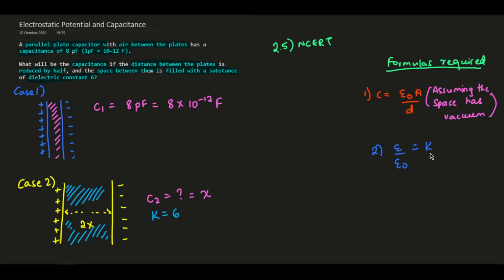This is the dielectric constant, which is k, and epsilon naught is the permittivity of free space. Epsilon is what we will get when we find out the properties of the new medium.